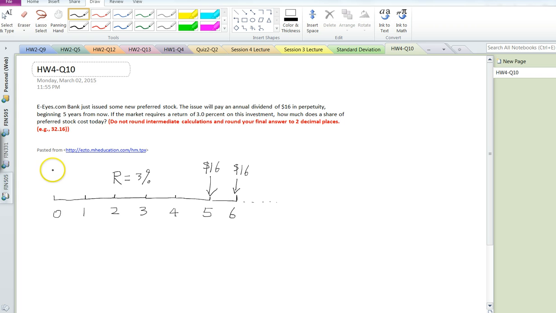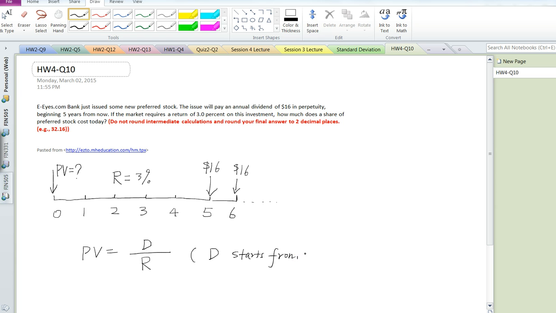So it's asking for the present value in terms of the current year. But again, we know the formula for the present value. That's pretty easy. That's the payment, in this case the dividend. So it's D, the constant dividend, divided by R. But we have to make sure this applies when D starts from next year.